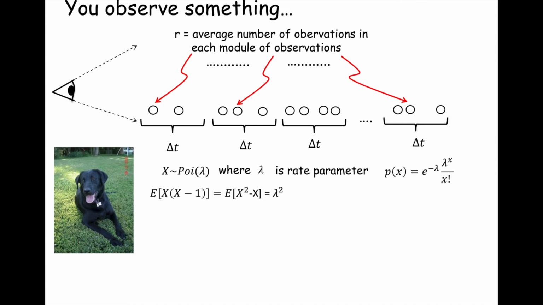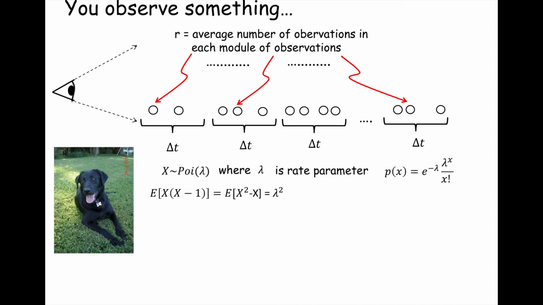So I know this is equal to that, just by linearity of expectation, and I already solved for the Poisson that this is equal to lambda squared. All I need to do is equate that expression with this expression and do a little bit of algebra.